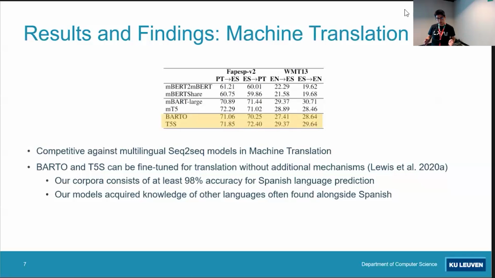We use a corpus where the documents get 90% or even 98% accuracy for Spanish language detection, which means that these texts also have some other languages that are always found alongside Spanish, like Portuguese and English in this case. So we experimented with Spanish to Portuguese and also Spanish to English, and it works quite well.